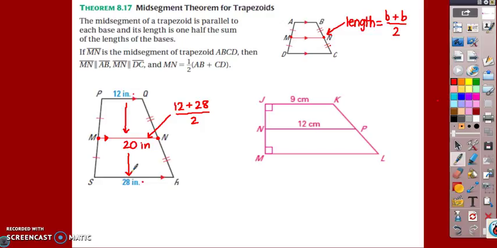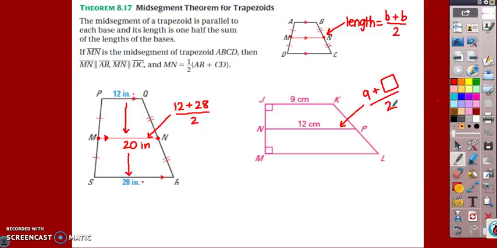On the next one, it's kind of backwards because 9 plus that other base divided by 2 has to give me 12. Can you think of what that would have to be? Something divided by 2 to give me 12. You gotta have a 24, so how big should that be up there?